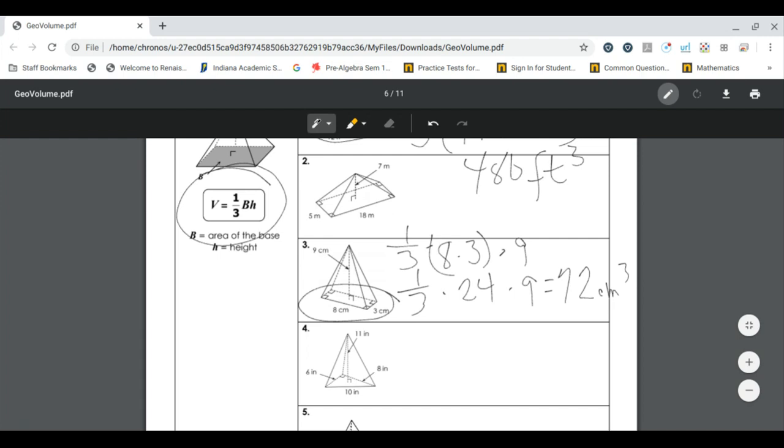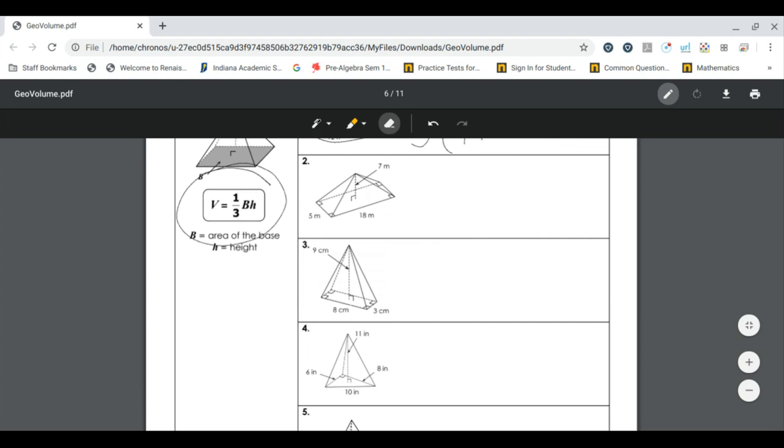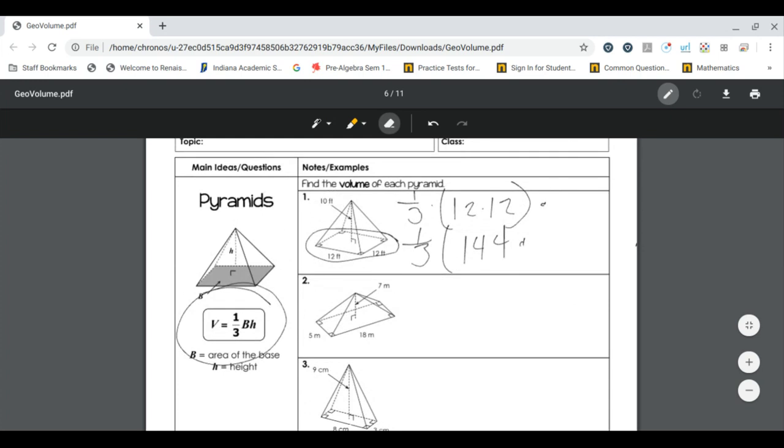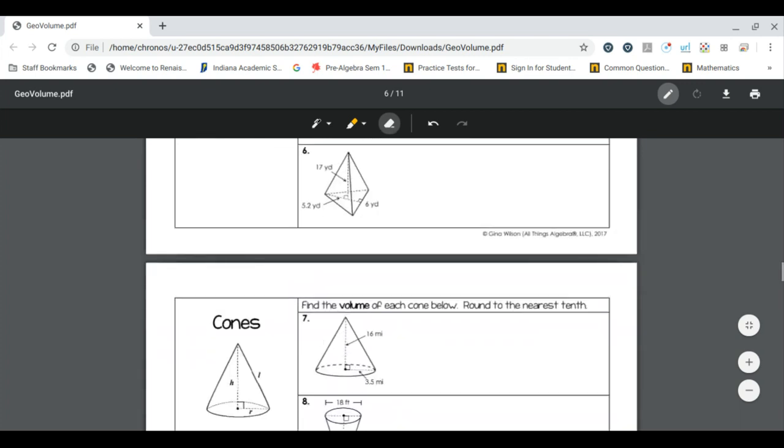So you just have to have the formula. Guys, you can do this. I know you can do this. So I'm going to go ahead and erase that. Now remember, on the note keys, you're going to have all of these examples, so you can always go back and check if you want to do some extra examples.